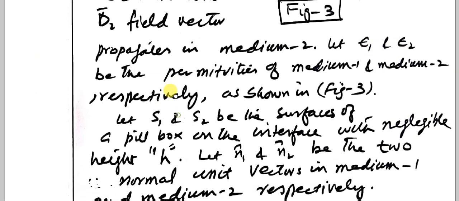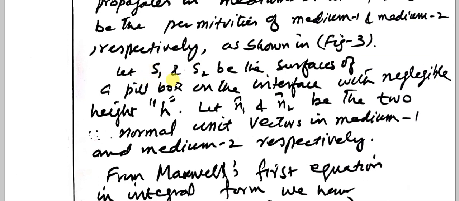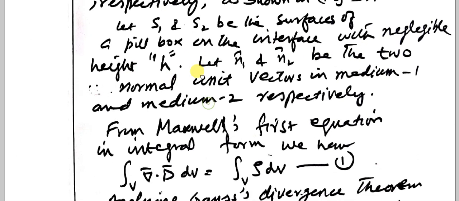Let S1, SB, S2 be the surfaces of the pillbox, the surface areas on the interface with a negligible height h. Let n1 and n2 be the two normal unit vectors in medium 1 and medium 2 respectively.